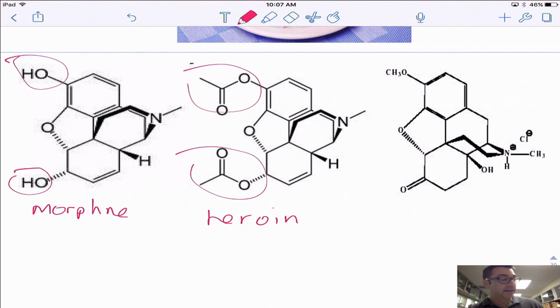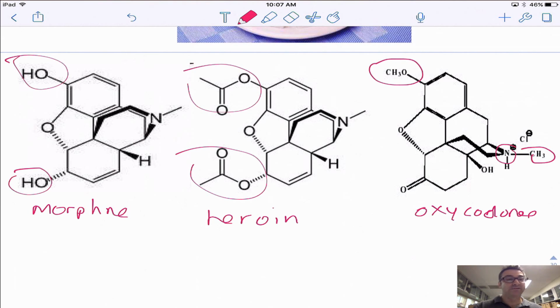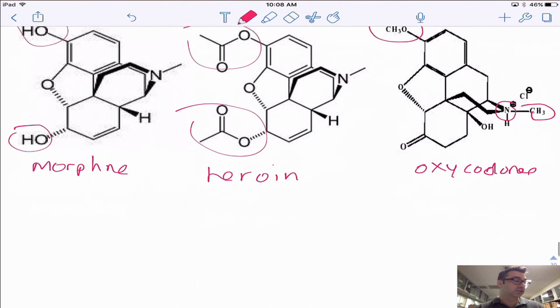And if we go back to morphine and change this to a methyl group here, and change this to a methyl group here and a nitrogen, this becomes oxycodone. So as you can see, all these are derived from morphine, but how we change up the compound will determine how its strength changes.